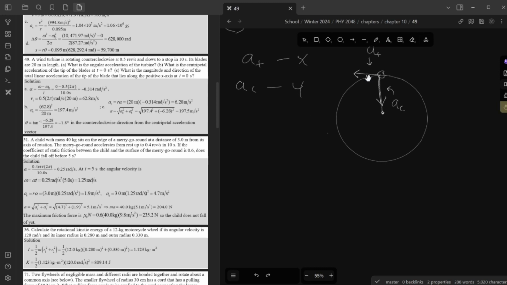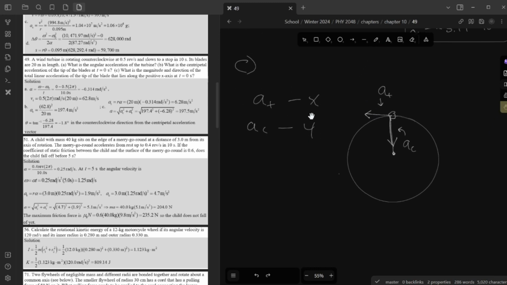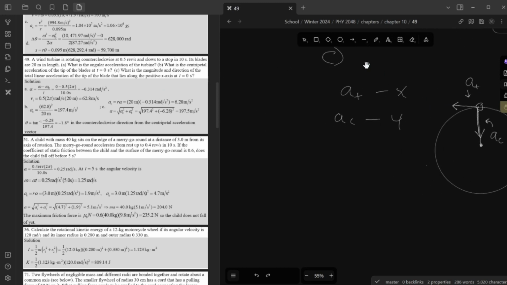So that's how you can treat these accelerations. So in part C, it's asking what is the magnitude and direction of the total linear acceleration. So linear acceleration just is an umbrella term that encompasses both of these variables. So both these variables would be considered linear acceleration, right? Because then you would have angular acceleration, that would be alpha.